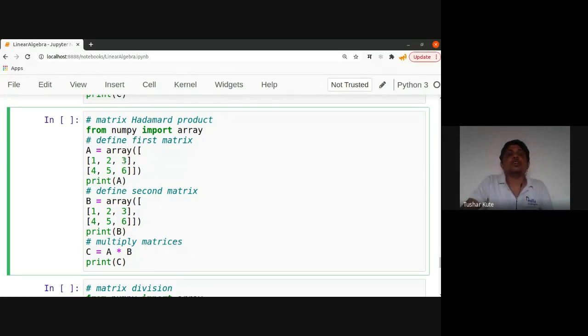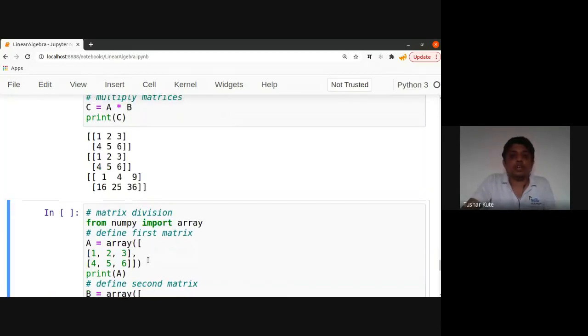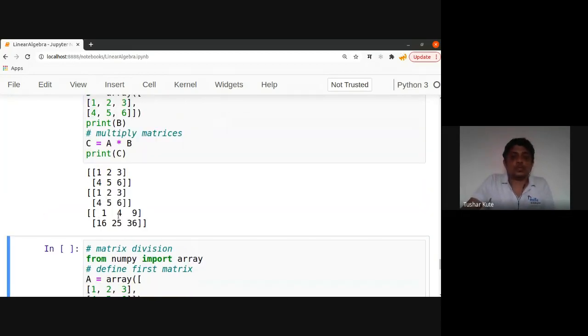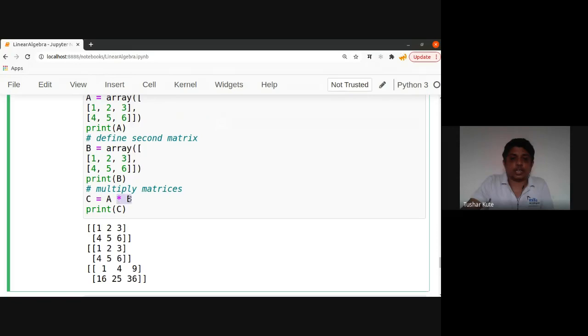Now see, 1, 2, 3, 4, 5, 6, again 1, 2, 3, 4, 5, 6. If you do this, you can see 1 into 1 is 1, 2 into 2 is 4, 3 into 3 is 9, 4 into 4 is 16, 5 into 5 is 25, 6 into 6 is 36. So we directly use the multiplication operator, as with vectors and scalars, and with matrices also.